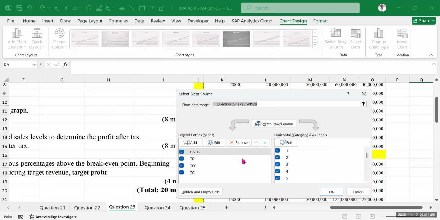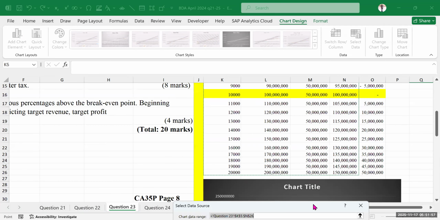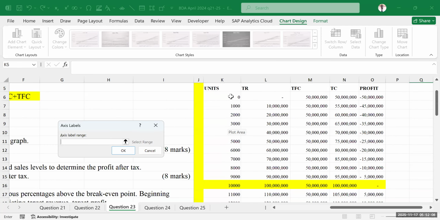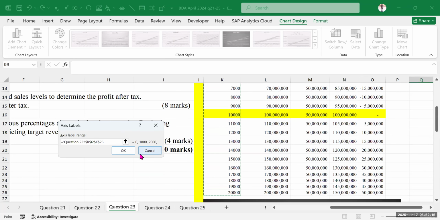So what do you do in such a case? I want to tell Excel the correct x-axis arrangement of the variables. So I come to edit. And when I come to edit, it asks me to give the axis label range. So I will come and highlight the unit that I want from 0 all the way to 20,000. And I release, I confirm.